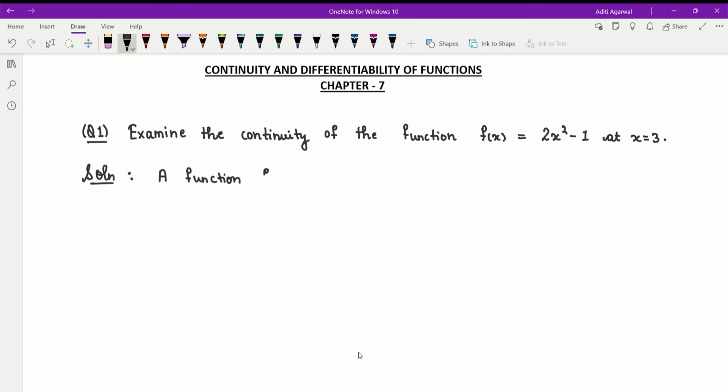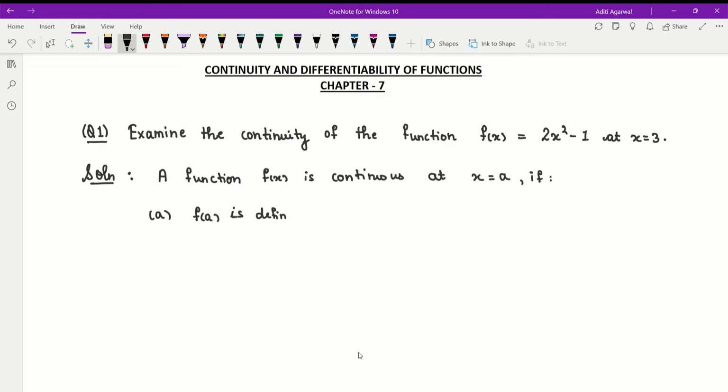A function f of x is continuous at a point x equals a if it satisfies the following three conditions. The first condition is the value of the function at the given point a should be defined.